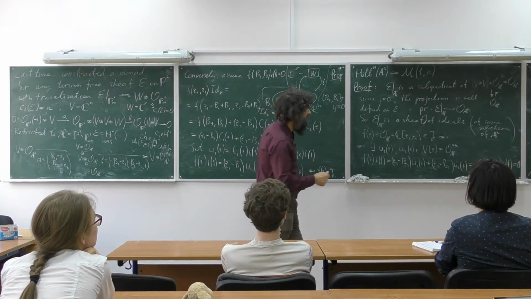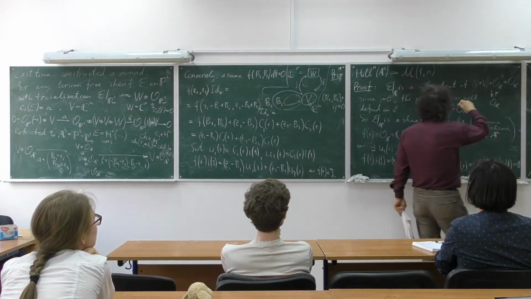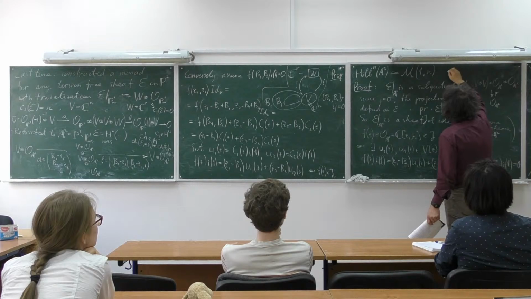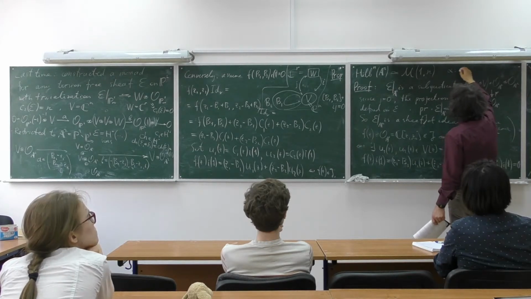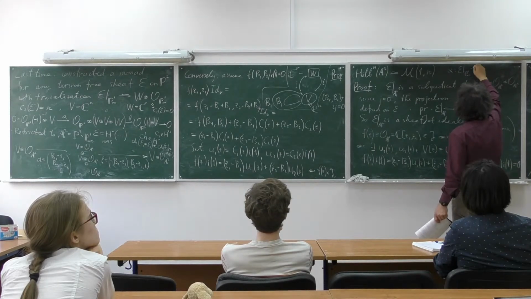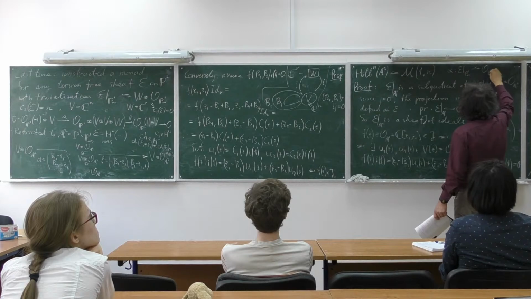So in other words, as I said last week, we have this alpha isomorphism from E restricted to the infinite line to the structure sheaf at the infinite line.